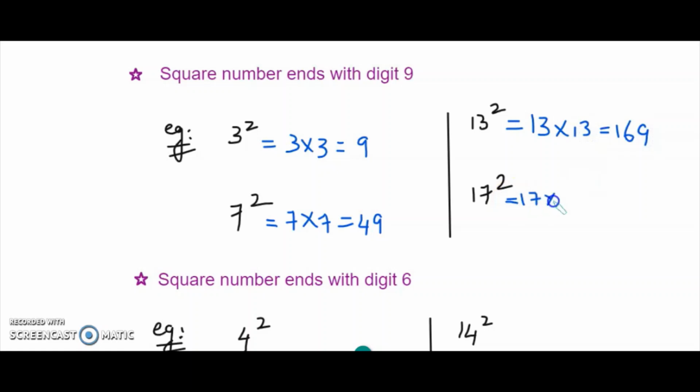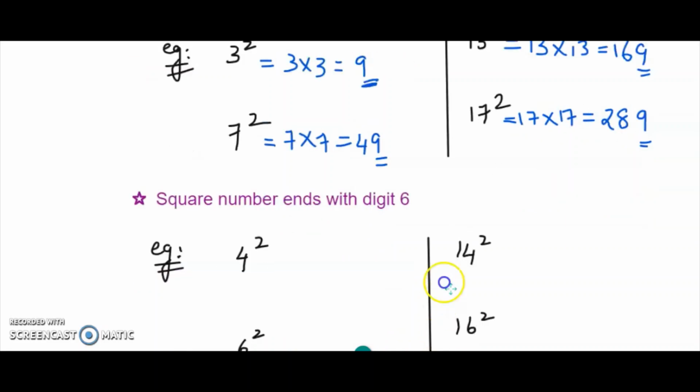And 17 square is 17 times 17, which is 289. So can you see the perfect square ends with digit 9? So any number whose last digit is 3 or 7, and you're squaring it, then the answer, that is the perfect square, will have the last digit as 9.